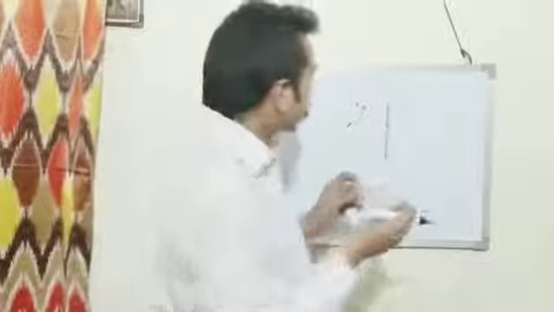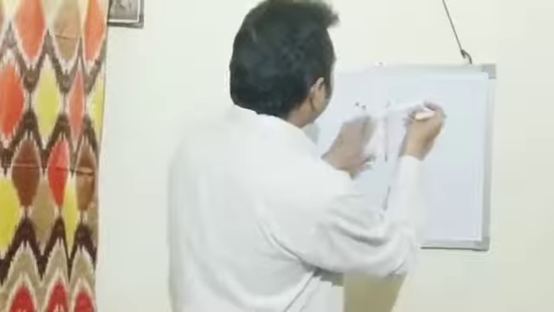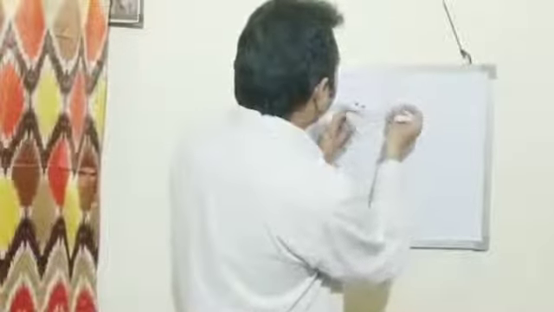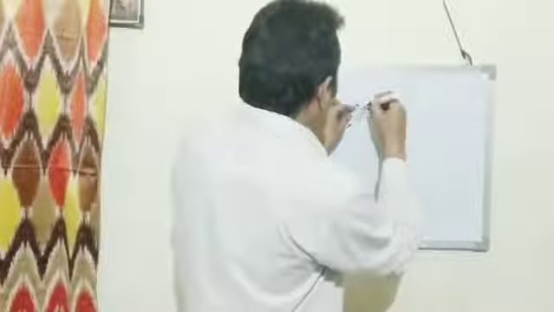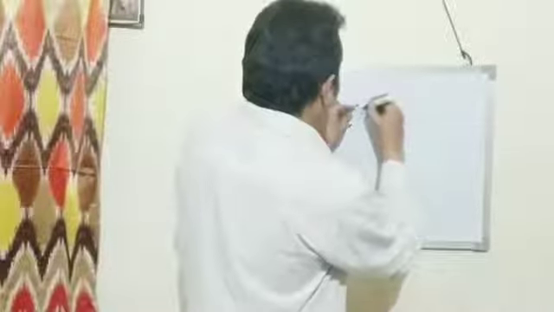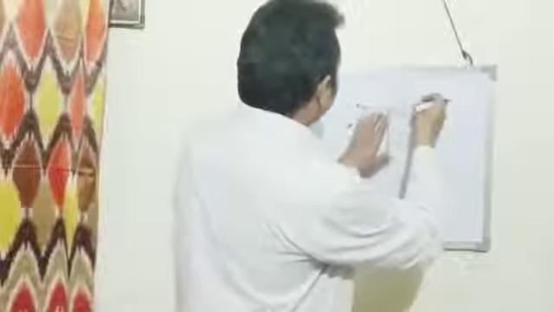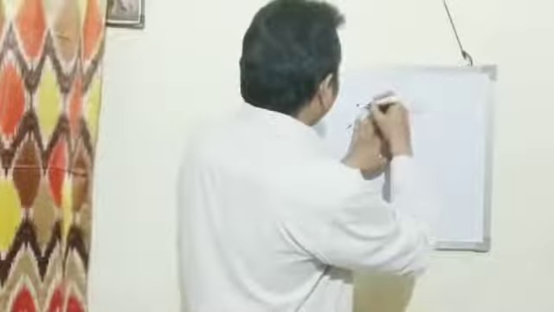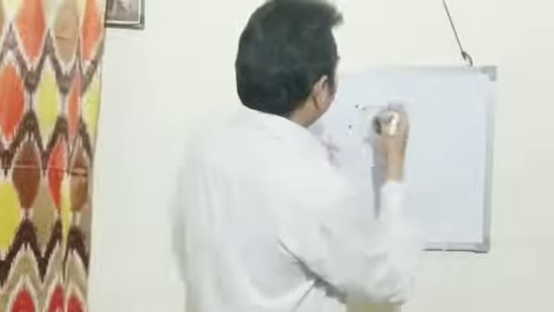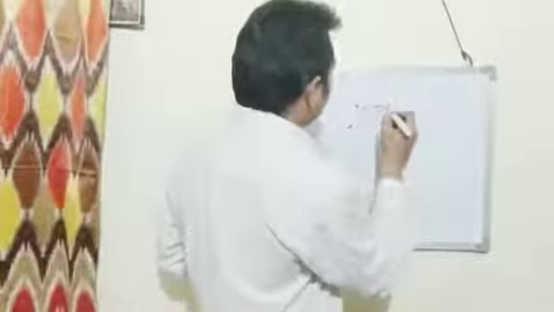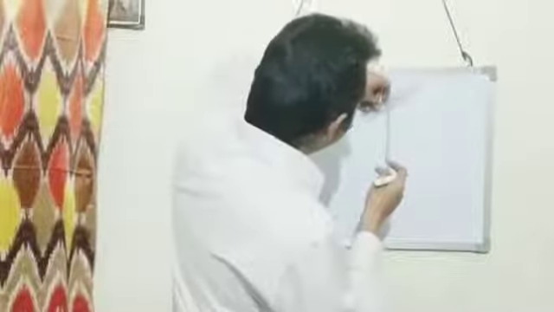Now from point X we draw two incident rays making different angles of incidence. See, from point X I draw one incident ray striking at this point. So it will be reflected from the mirror.